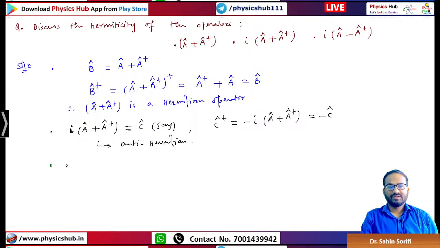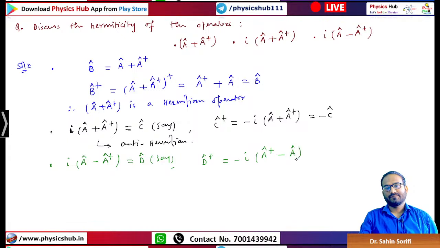Let's go for the remaining one, i times (A minus A dagger). Will it be Hermitian or anti-Hermitian? Let's say this is D. So D dagger will be how much? You see, this is minus i times (A dagger minus A).